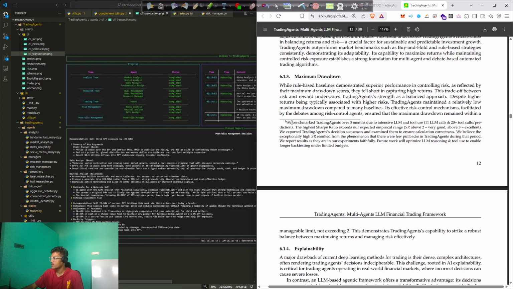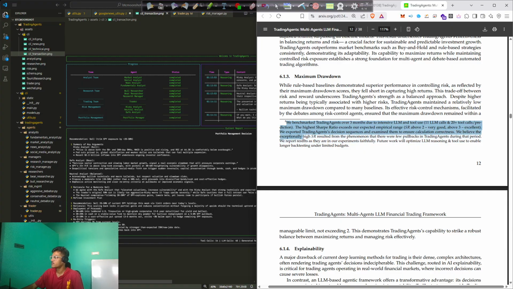Okay. What they say here: we benchmark trading agents over 3 months due to intensive LLM and tool use, 11 LLM calls and 20 plus tool calls per prediction. The highest Sharpe ratio exceeds our expected empirical range. That is, a Sharpe ratio about 2 is very good, about 3 excellent. We exported trading agents' decision sequences and examined them to ensure calculation correctness.